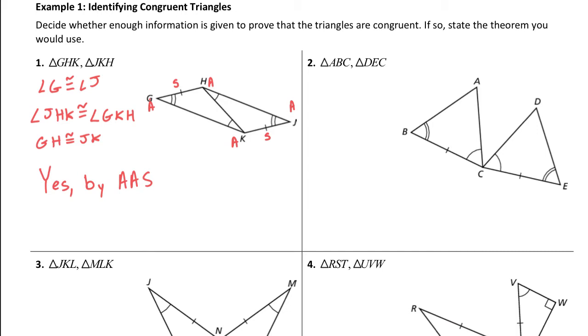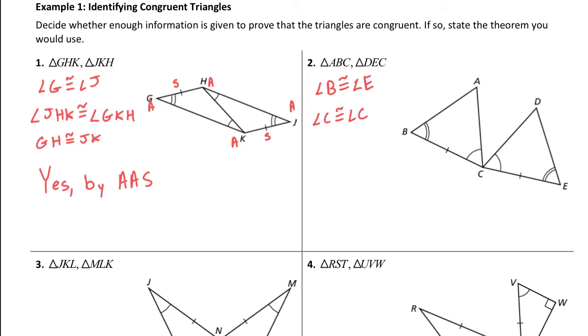Okay? In part 2, ABC, DEC. This one, angle B is congruent to angle E. And then I think I'll use angle C for both of these because it's angle C in the left triangle, angle C in the triangle on the right. Okay?